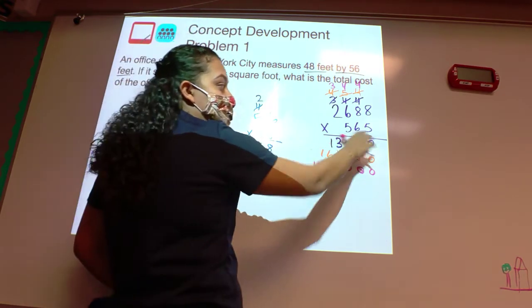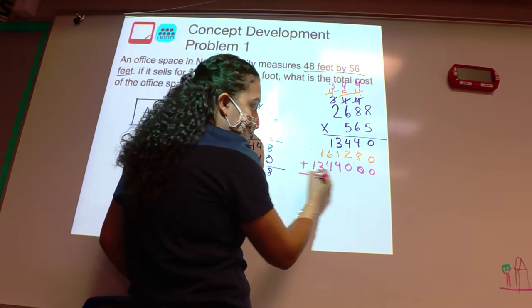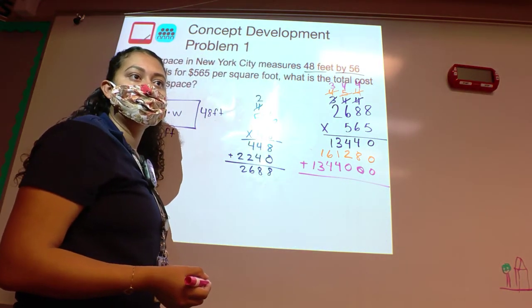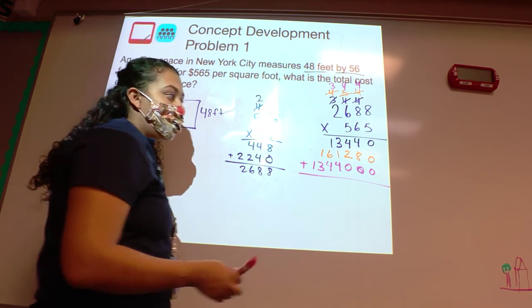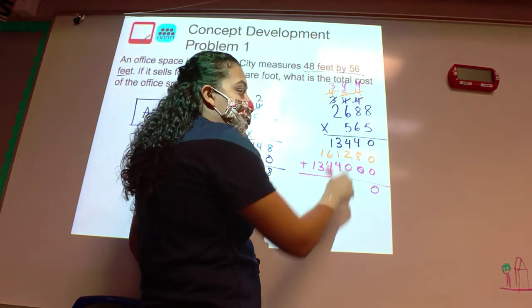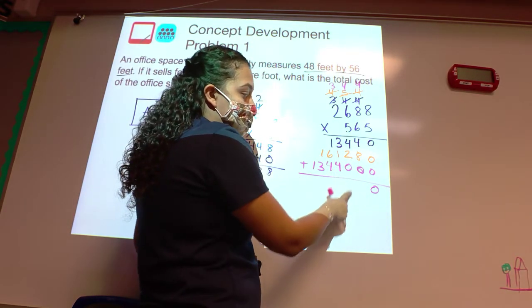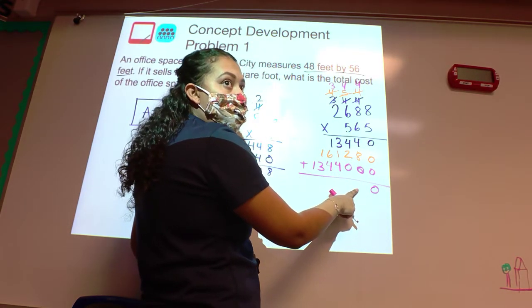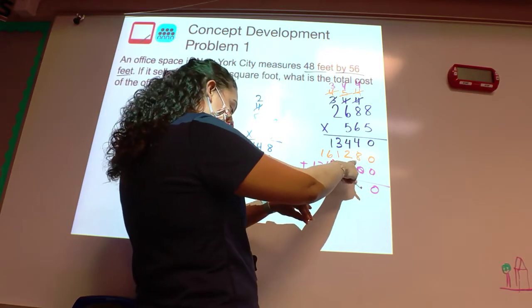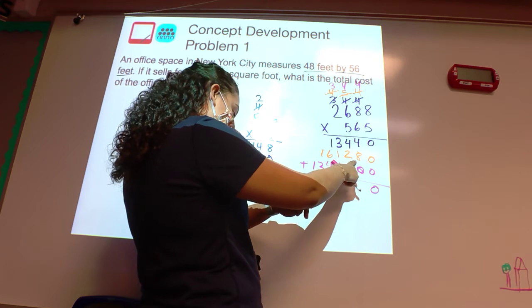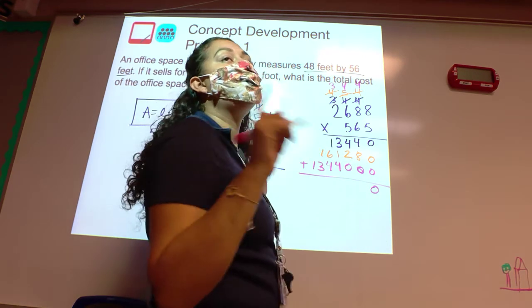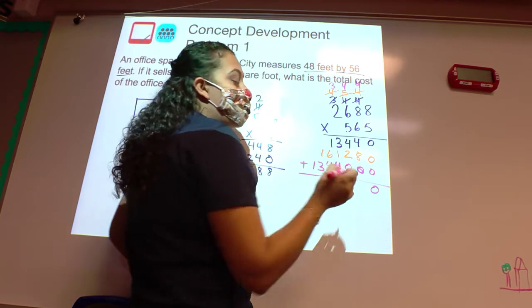Okay, since we're done multiplying, now we need to add it all together. Okay, 0 plus 0 plus 0. 0. 4 plus 8 plus 0. 4 plus 8. 12.